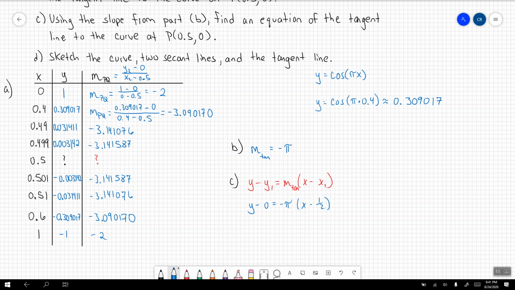However, I don't like to deal with decimals too much, so I'd rather express it as 1/2. Now, if we solve for y, we get that y is equal to negative pi times x plus pi divided by 2. Awesome. So this is the equation of the tangent line that we're expecting to be tangent to the function that was given to us at point P.